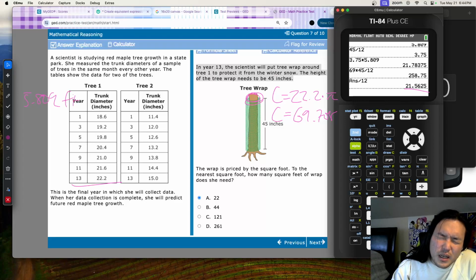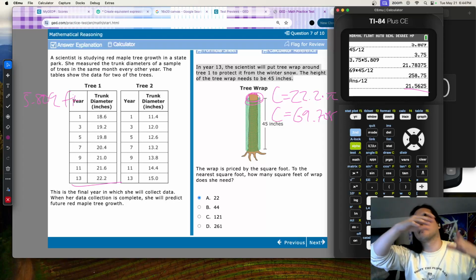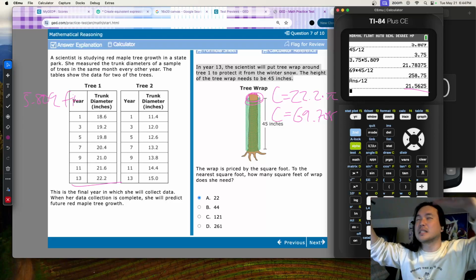I'm hoping that maybe you can do this exercise. Try imagining 261 square feet. 261 square feet, that's a lot.